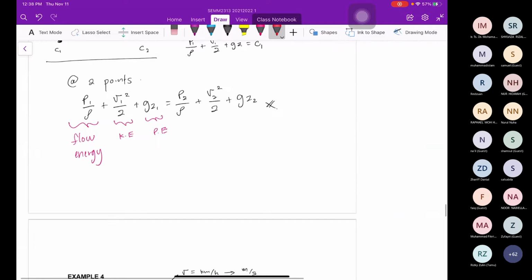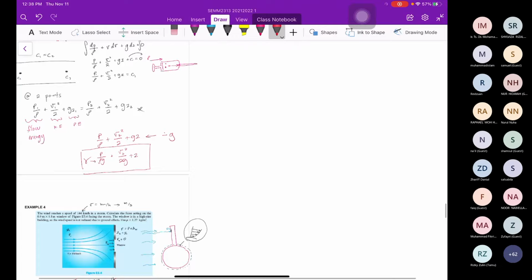Because from this one, pressure over rho plus V squared over 2 plus gZ, I want to divide by gravity. So pressure over rho g is basically gamma, plus V squared over 2g plus Z. Now can you see it is the same thing?